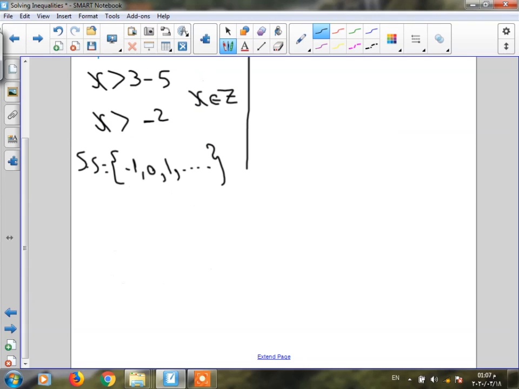And we can draw its number line, put 0 here, 1, 2, 3, and so on, negative 1, and negative 2, and so on. Starting from negative 1, 0, 1, 2, 3, and so on.